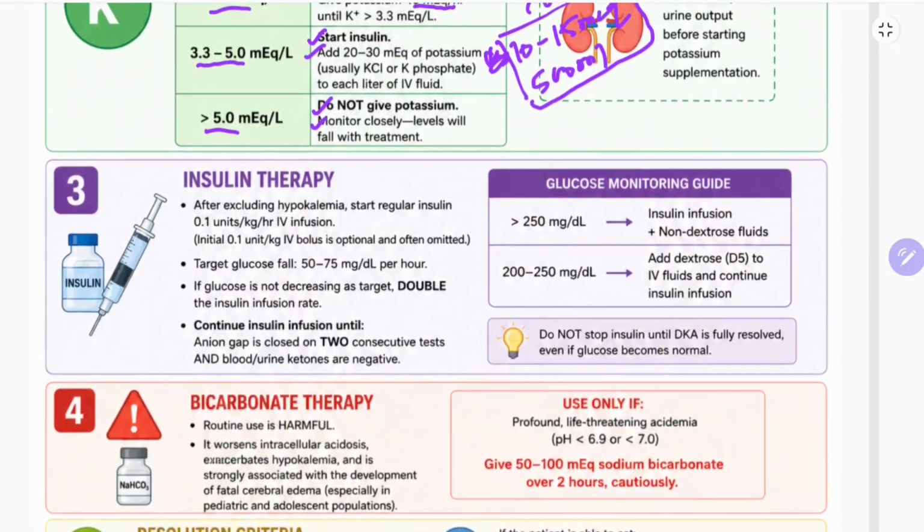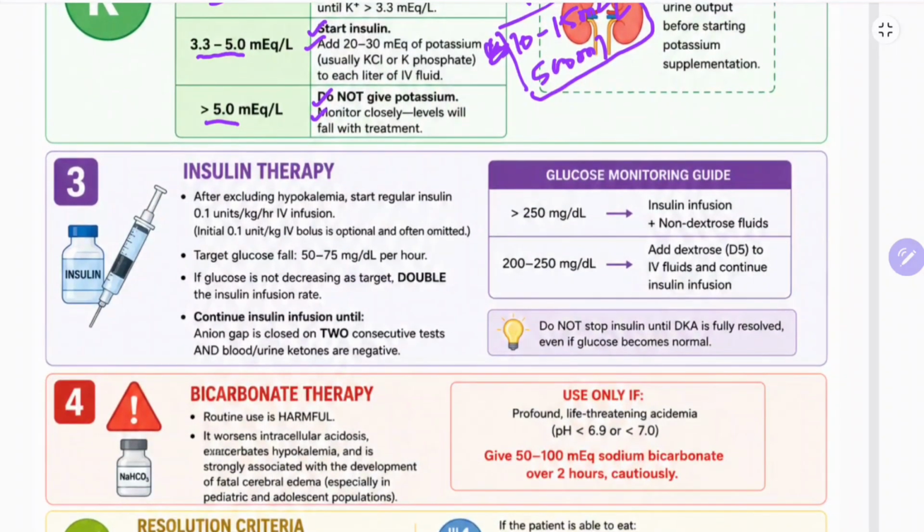Okay. And the third thing is insulin therapy. After excluding hypokalemia, start regular insulin. If the potassium is less than 3.3, don't start insulin. So after excluding hypokalemia, start regular insulin, 0.1 units per kg per hour IV infusion. The initial 0.1 unit per kg IV bolus is optional and often omitted.